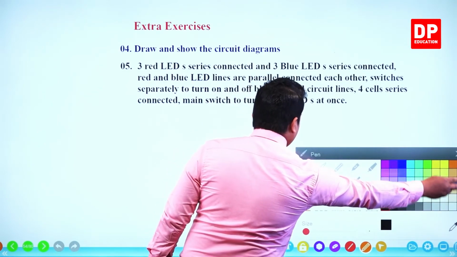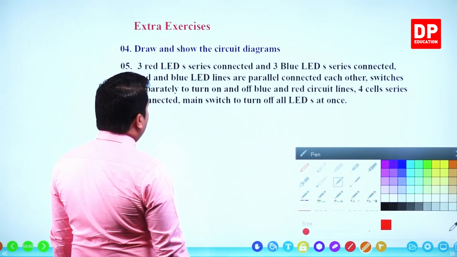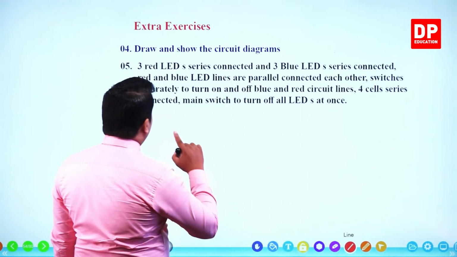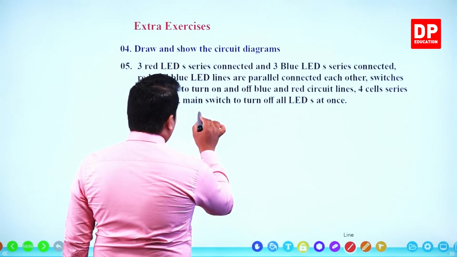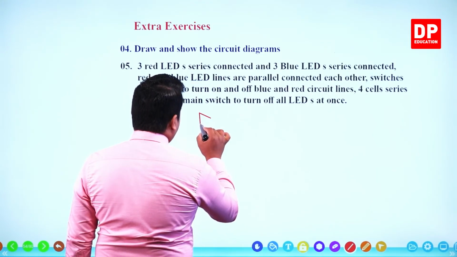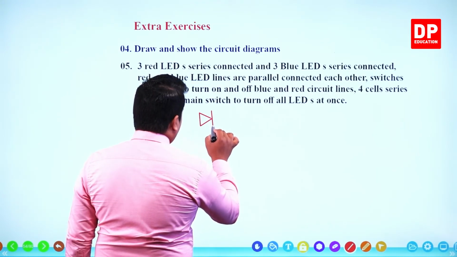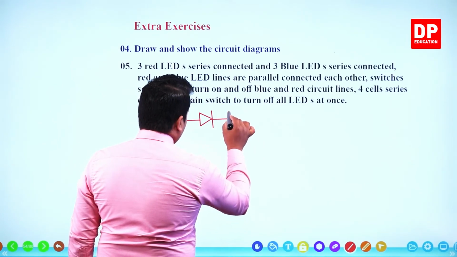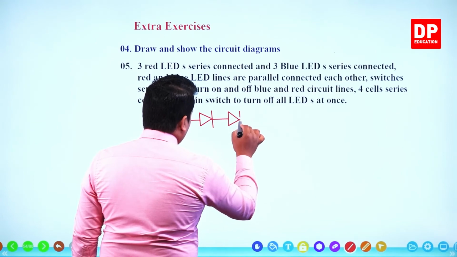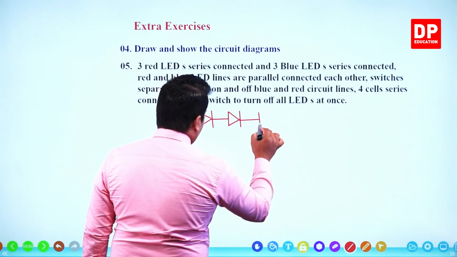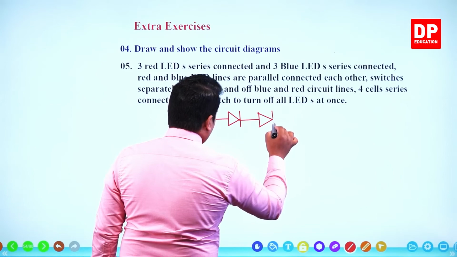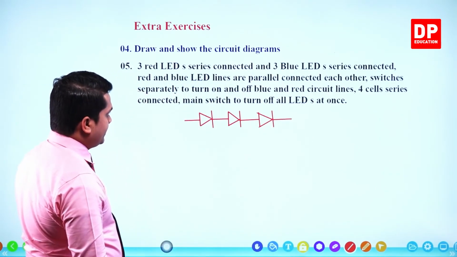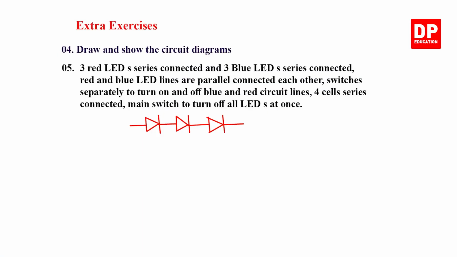So I'll use red color to show the red color LEDs. Red color LEDs. So there are 3 red LEDs. 1, 2, 3 red LEDs series connected, and 3 blue LEDs series connected.